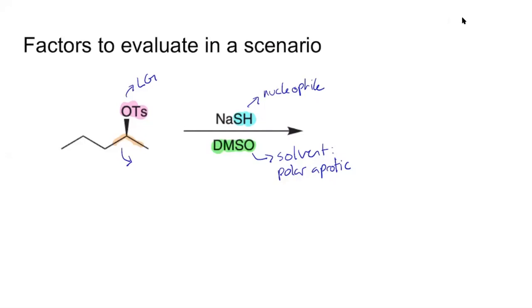Could a backside attack occur easily, or would this molecule be stable as a carbocation? So I'll write substrate down here. All of these clues are things we can look at like a detective if we see a problem like this and we're trying to figure out what type of reaction and thus what type of products are going to form.